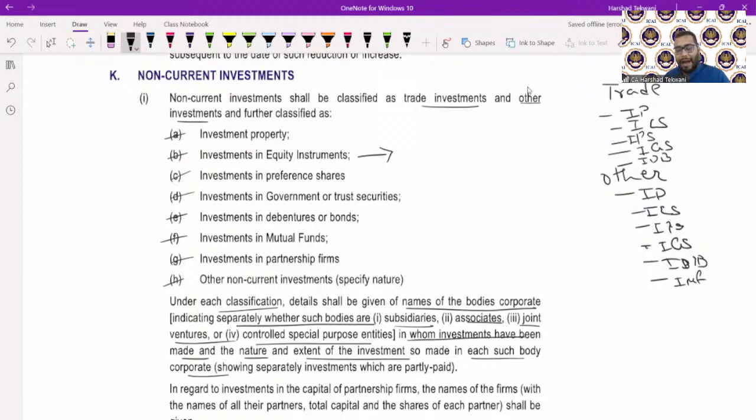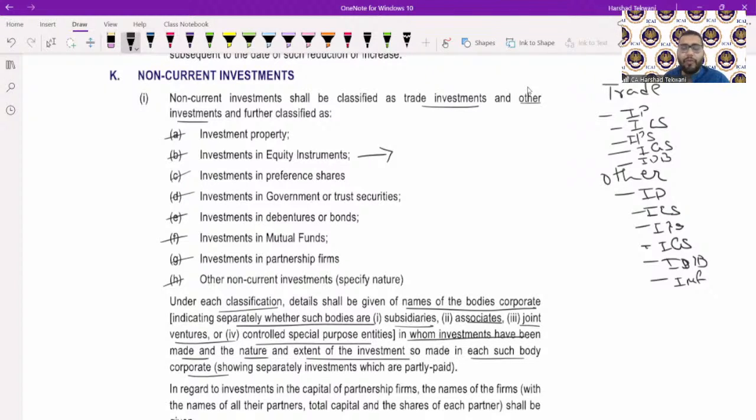Now why is this detail required? Because it will give clarity to the company. These are the non-current investments. Now there may be a trade investment or other investment. Now if the company is investing the money of the shareholders in some other companies, then which are those other companies?